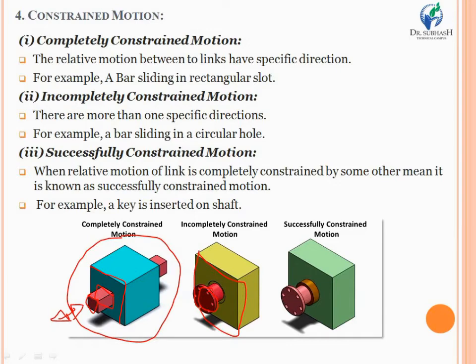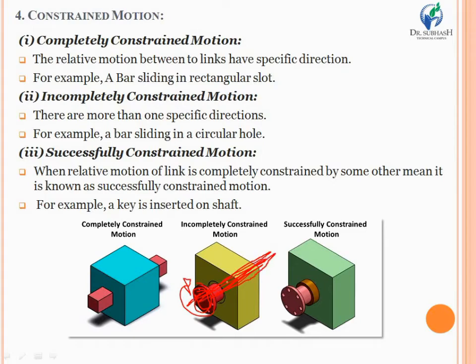Now if you are revolving this circular bar or pushing the circular bar, you can see that two kinds of motion are possible. One is rotational motion of the circular bar, another is sliding motion. So in this assembly we can say that the circular bar has motion in two directions. One is in the plane parallel to the shaft, another is the perpendicular direction through which you are getting movement of the circular bar.